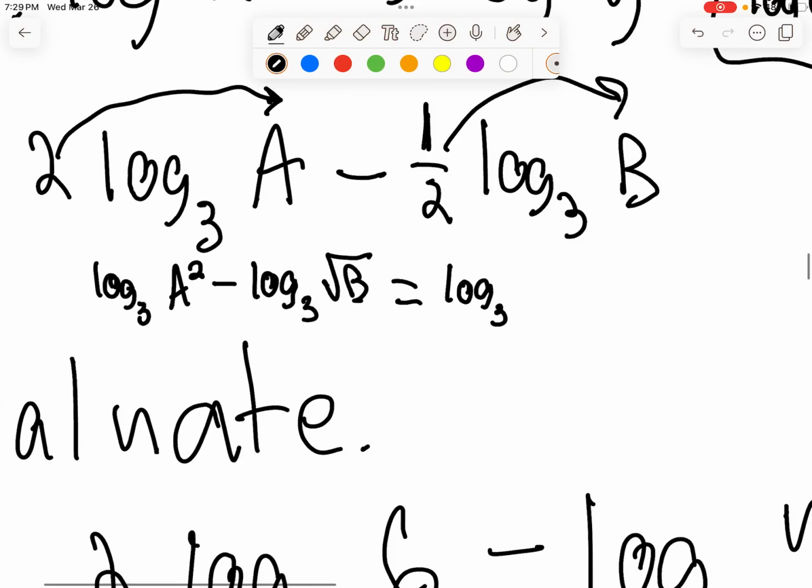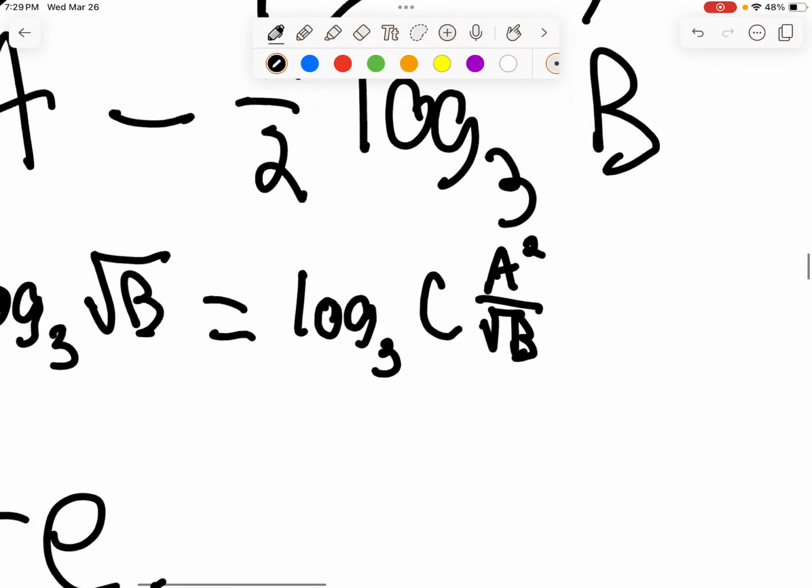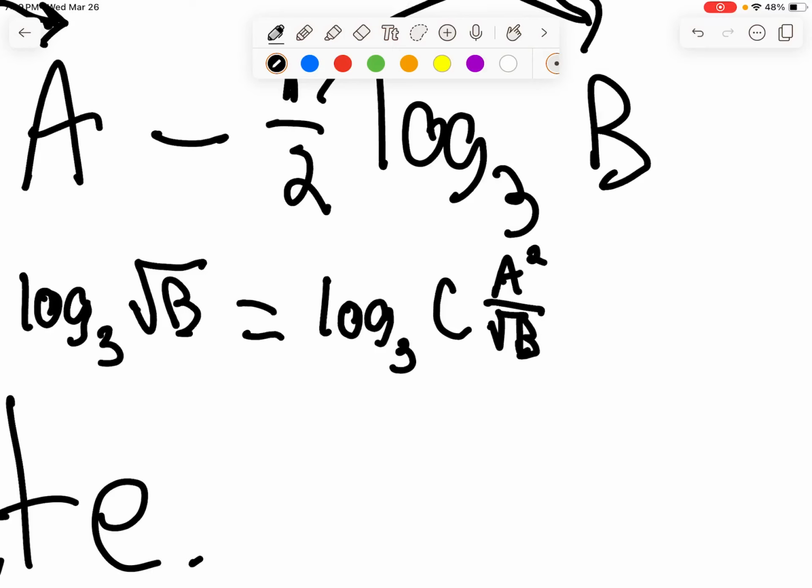Anyway, log 3a squared over the square root of b. And ignore the fact that I know I just said this in a previous video about simplifying. I'll send you a copy of our spreadsheet. Depending on what teacher you have, they're probably going to want you to multiply square root of b by square root of b, because for some reason they don't like it when you just leave it like this.